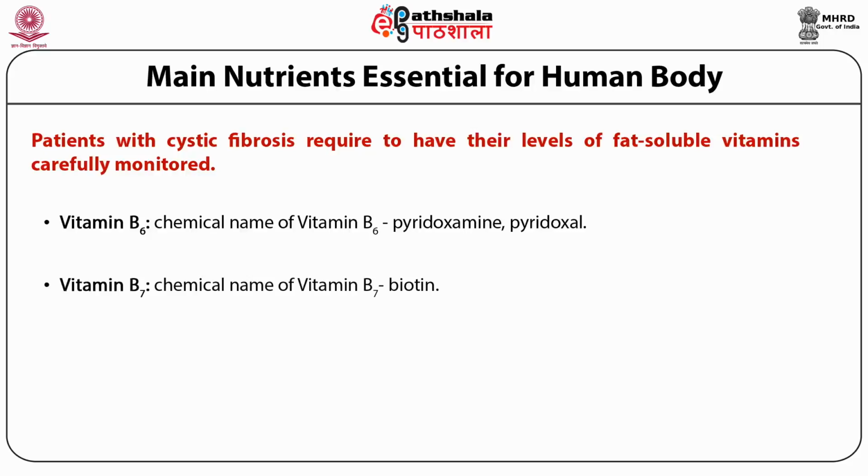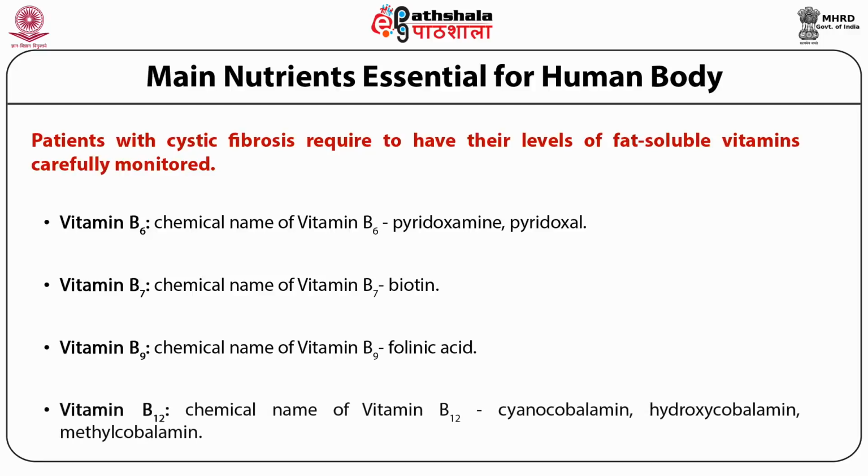Vitamin B7 is biotin. It is soluble in water, and deficiency can cause disease like dermatitis, enteritis. Vitamin B9 is folic acid, again water soluble, and its deficiency can cause birth defects during pregnancy such as neural tube defects.